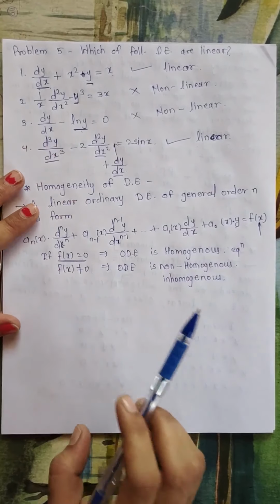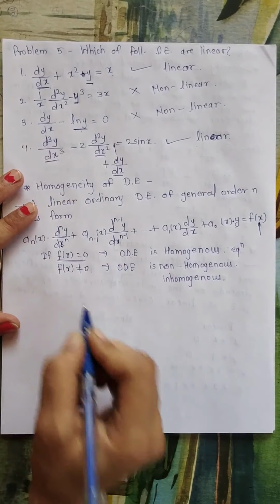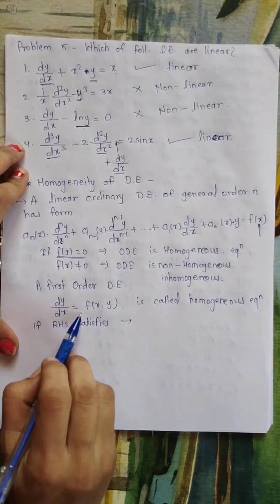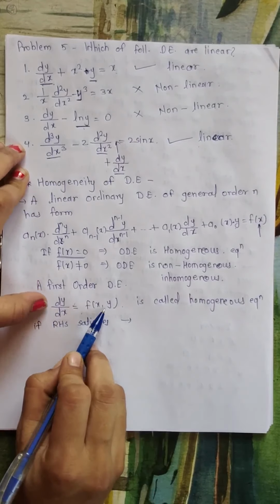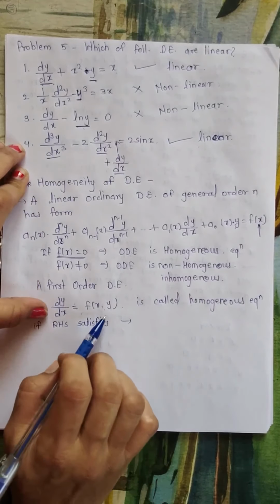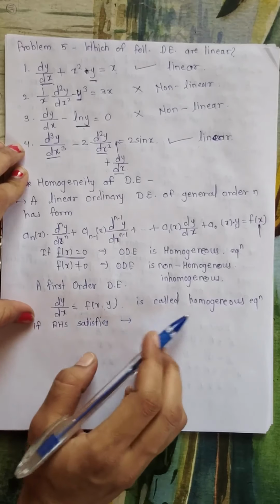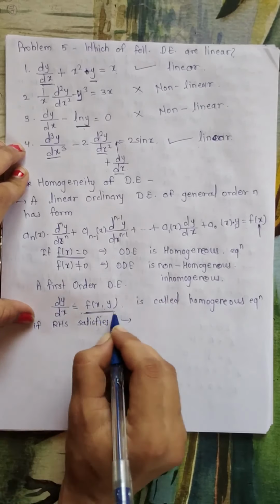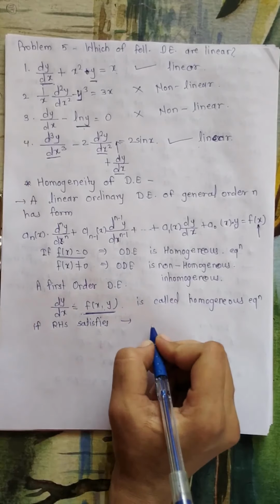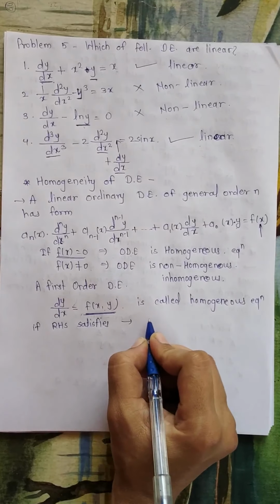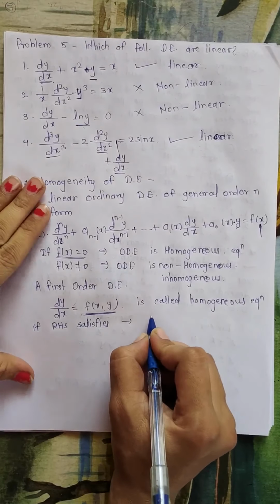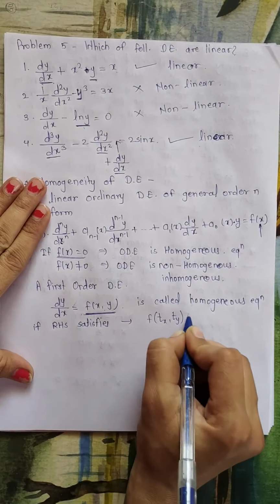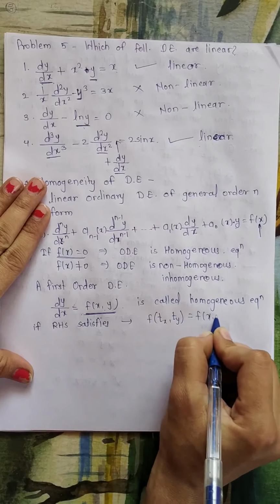A first order differential equation is given by dy/dx = f(x,y), and this first order differential equation is said to be homogeneous if its RHS satisfies a condition. That condition is given by f(tx, ty) = f(x,y).